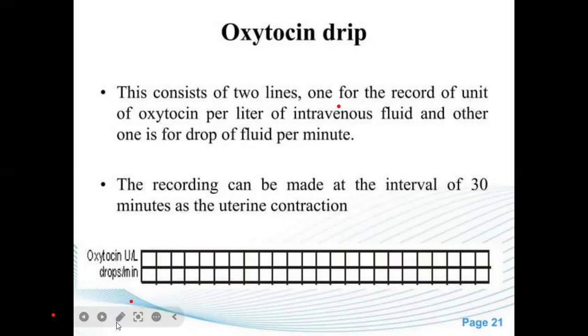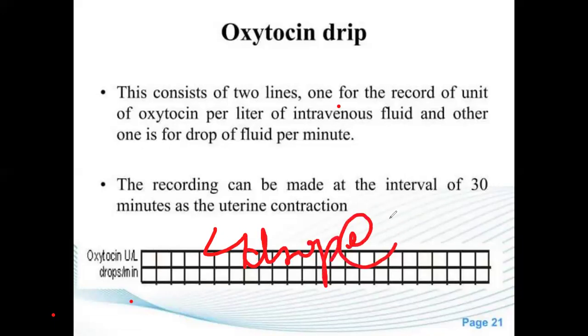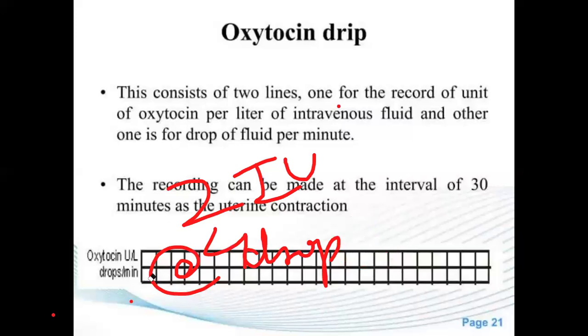For example, 2 international units of oxytocin at the rate of 4 drops per minute. Like that you have to mention it here.